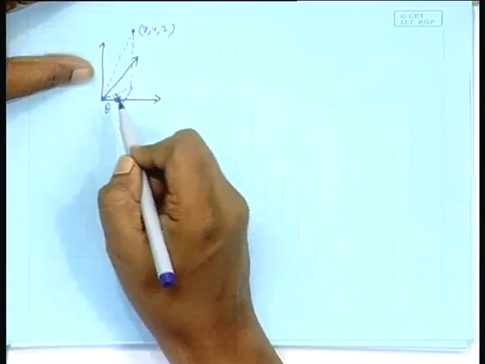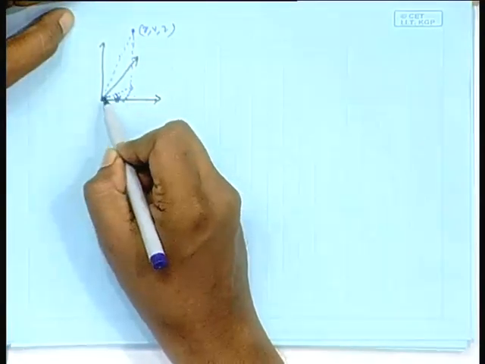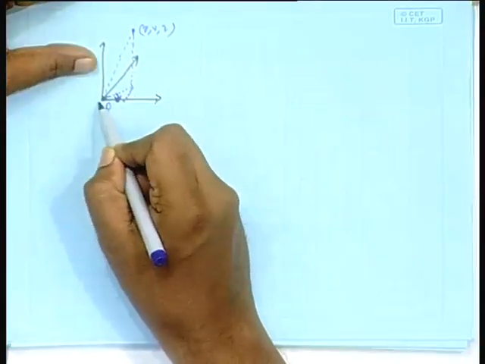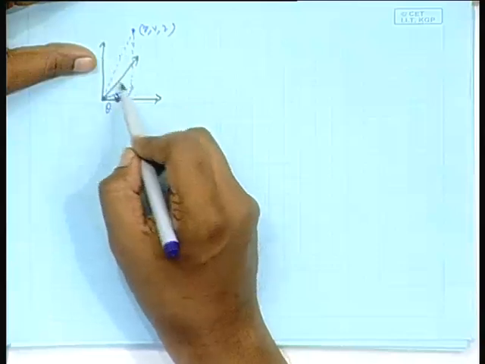Suppose I rotate the 2 axes, so that the x axis coincides with this, and therefore, the y axis from here will be orthogonally pointing in this direction. So, this comes here as the x axis, and therefore, this vector will lie in the xz plane.